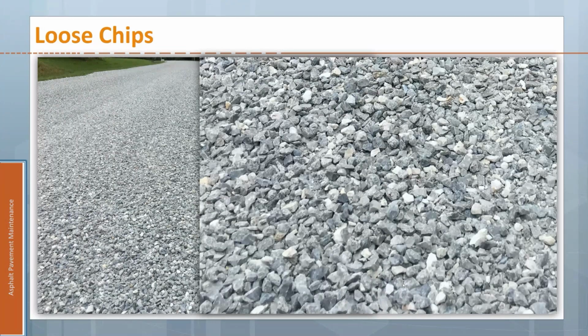So not only is that a problem for safety for drivers, chips in the windshield, all that kind of thing, but it's also a waste of money because that's a lot of material that could have been used somewhere further down the road. This stuff's not cheap, especially when you're buying a certain size fraction of material that's clean enough to be used for a chip seal. It's not cheap.